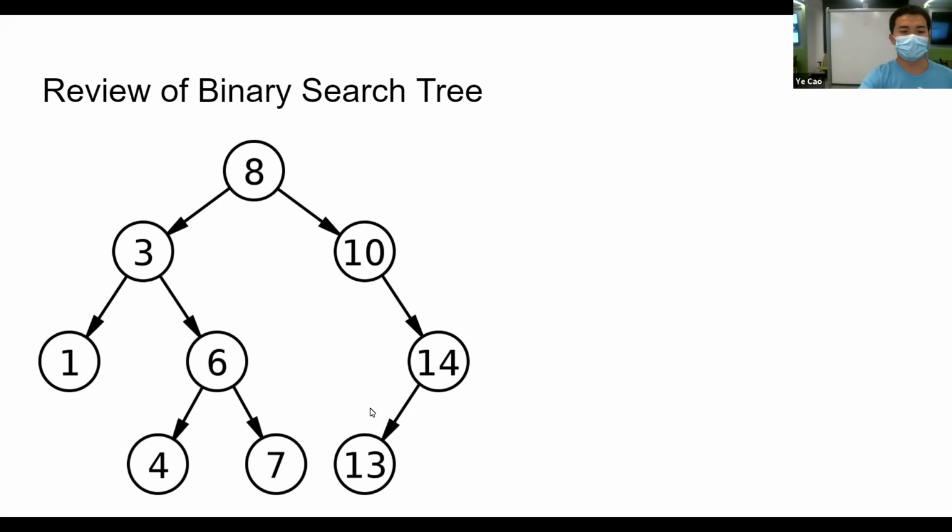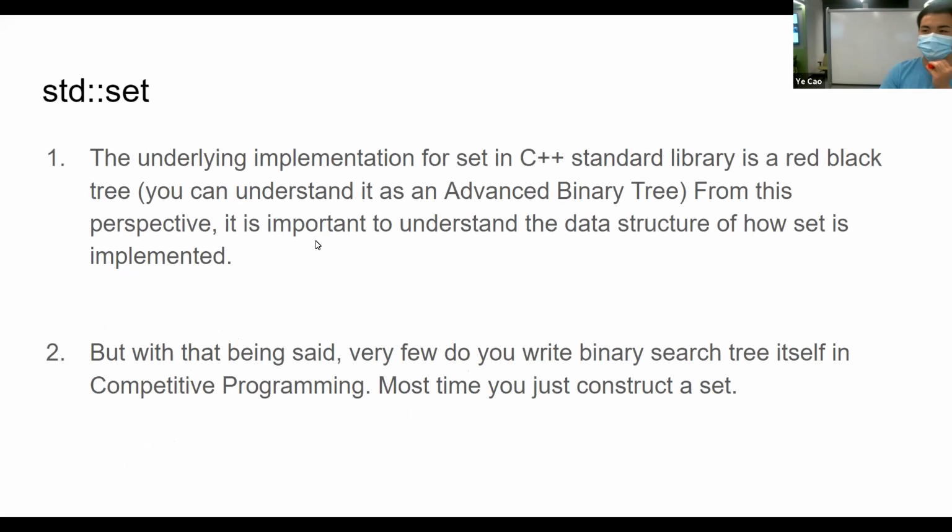Actually, this is not exactly the thing we'll cover mostly today, because it turns out that for binary search trees in C++, we already have a standard library container called a set. Do you know what a set is in C++? Yes, exactly.